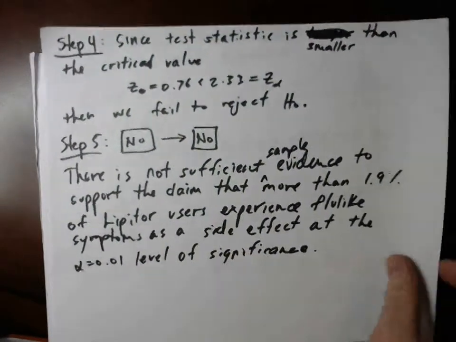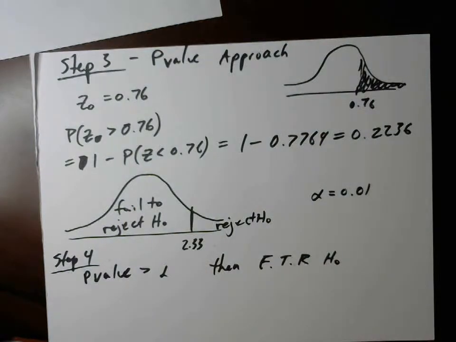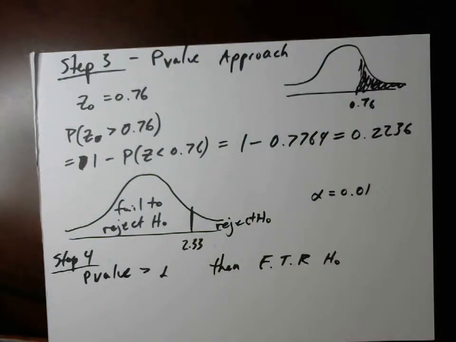We're done. So two different approaches. They're both legit. Every time, whether you do the classical approach or the p-value approach, you'll always get the same result in regards to fail to reject or reject H naught. So they agreed with each other. We were failing to reject in both approaches.